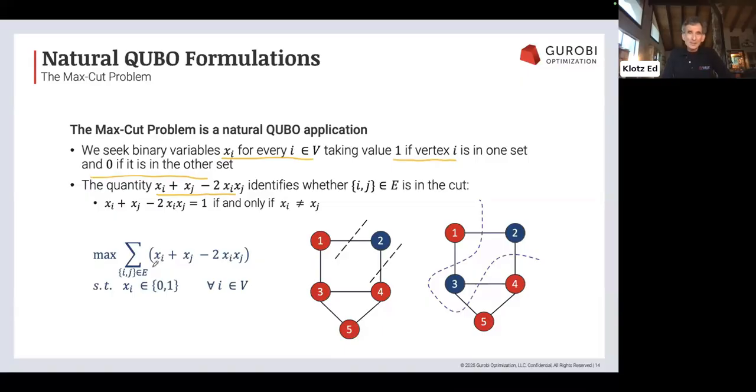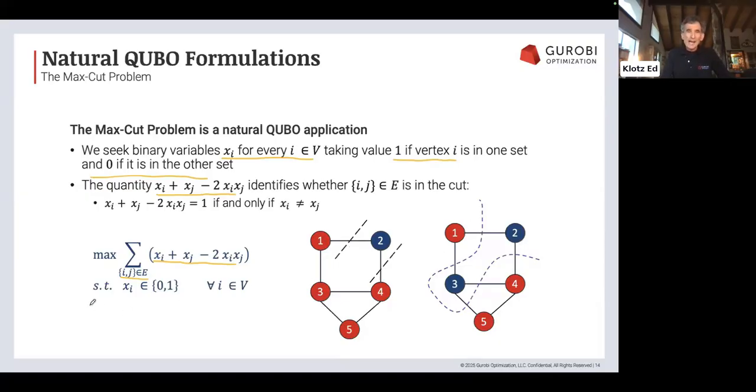So if we maximize across all the edges in our graph this expression, it will drive the binary variables to take on exactly these values we seek, and the objective will be the maximum cut, and the solution will identify the partition of the vertices.